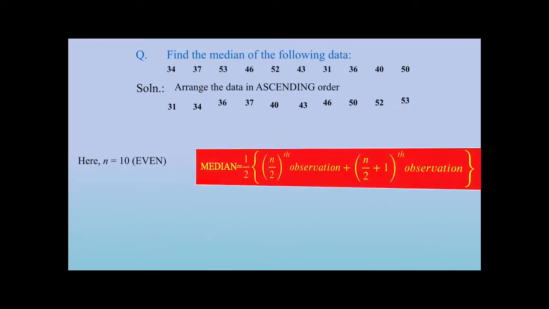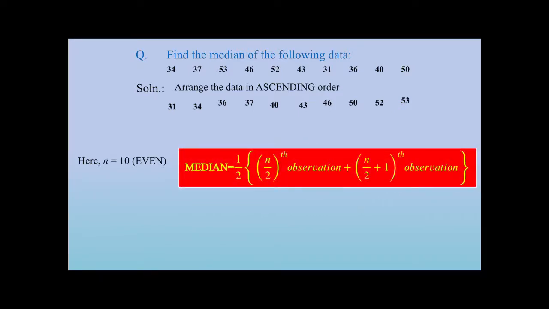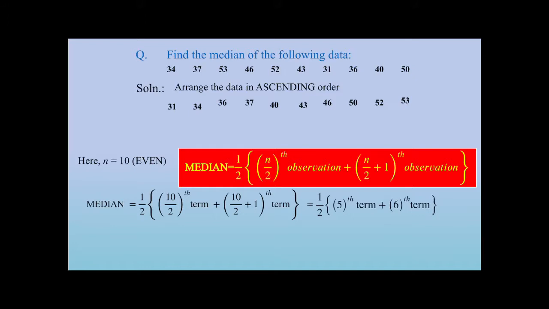So the median is given by the formula half of the (n upon 2)th observation plus the (n upon 2 plus 1)th observation. So here our value of n is 10. So median is equal to half of the (10 upon 2)th observation plus the (10 upon 2 plus 1)th observation, that is half of the 5th term and 6th term.